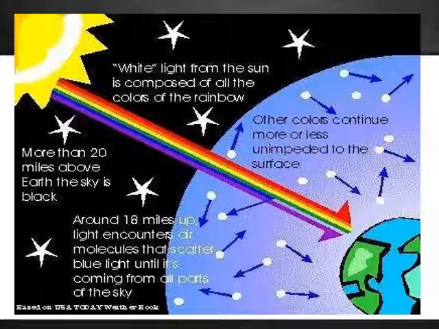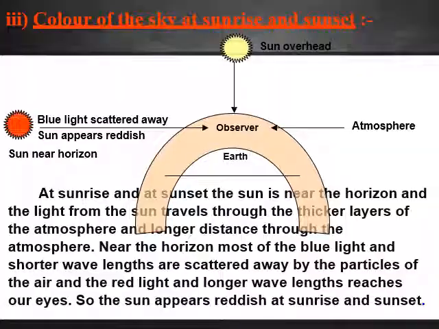Now you can see white light from the sun is composed of all colors of the rainbow. More than 20 miles above earth, the sky appears to be black. The color of the sky is normally blue, but at sunrise and sunset, it appears reddish.